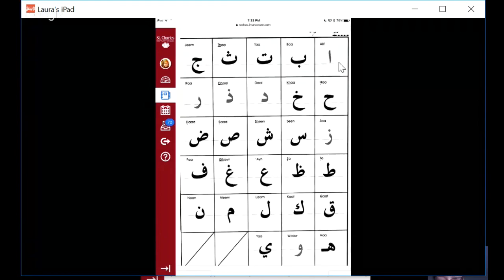Let's try it again from the beginning. Aleph. Ba. Ta.